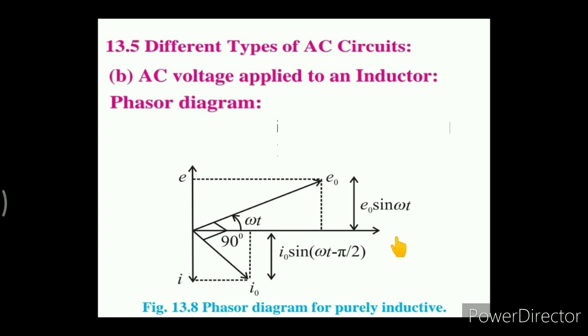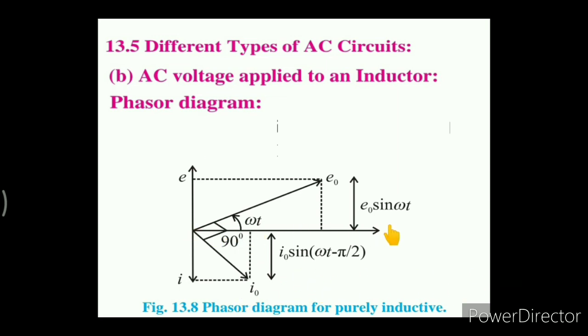And as we had seen, the current lags behind the voltage by 90 degrees. So the phasor representing I0 is turned clockwise with respect to the direction of E0, as shown in this figure.